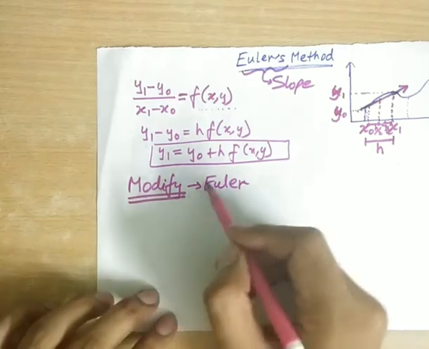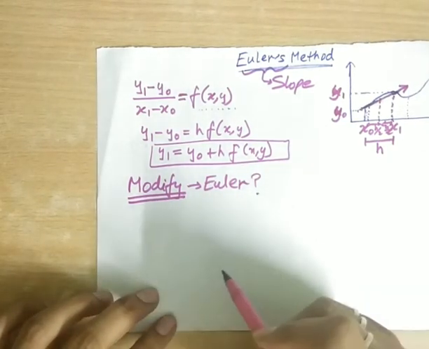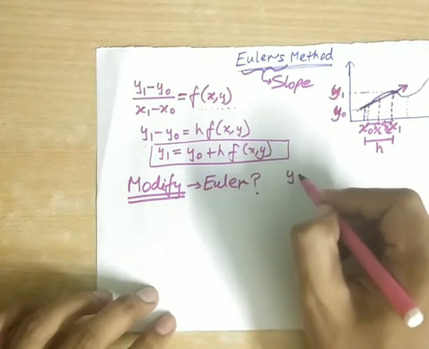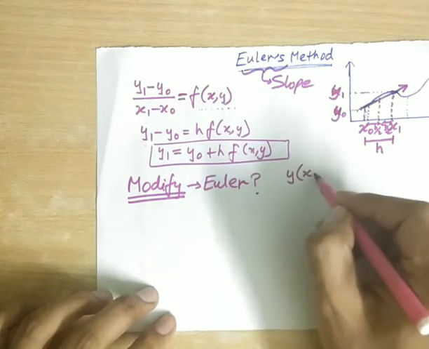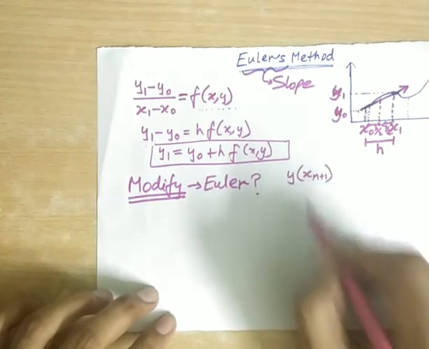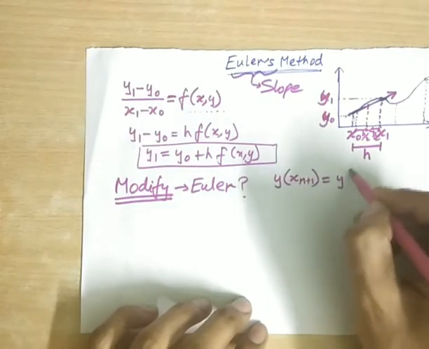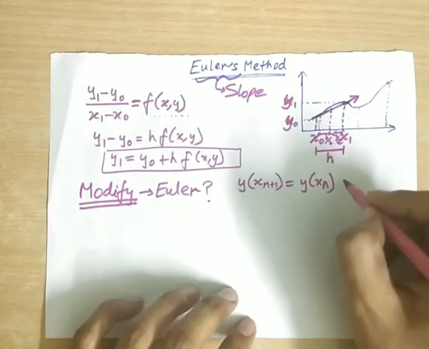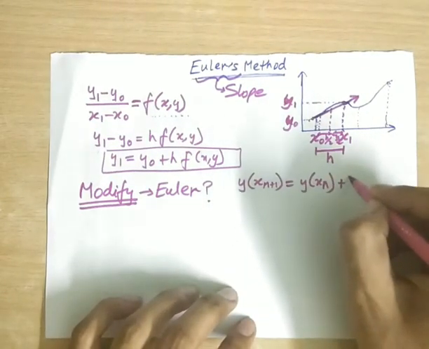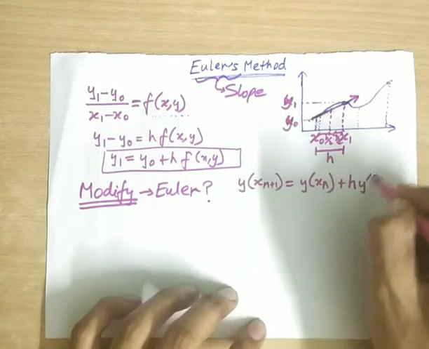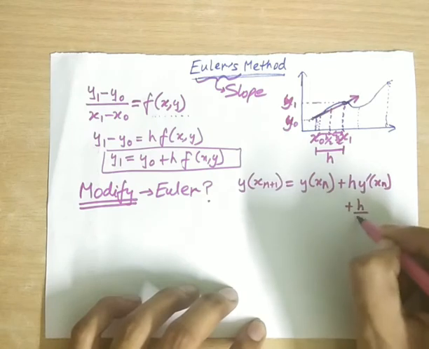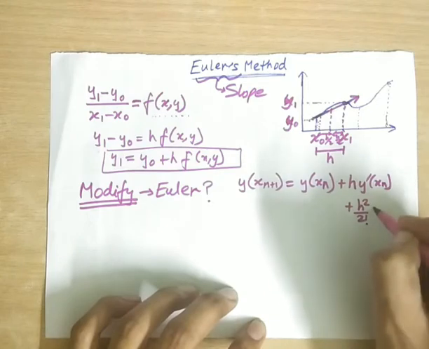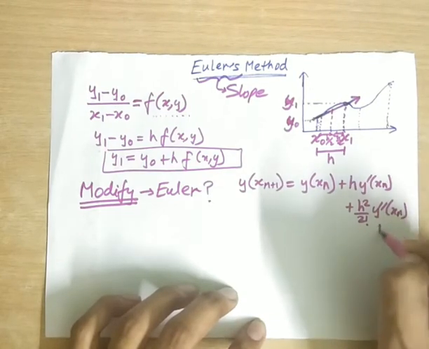You might ask why modify Euler? If we look at the Taylor series, y of x(n+1) is y of x(n) plus h times y prime x(n), plus h squared by 2 factorial times y double prime x(n), and so on.